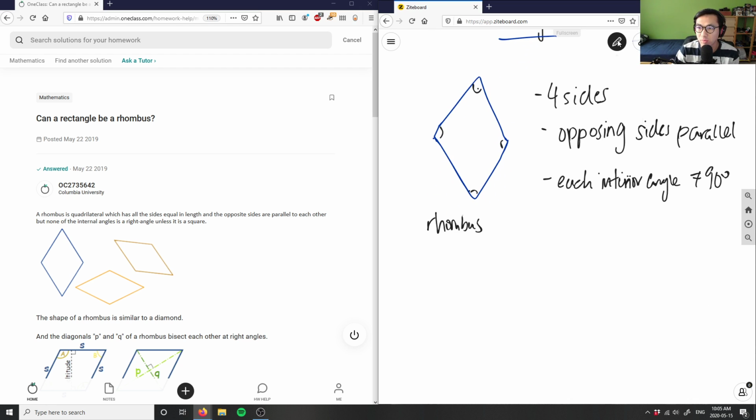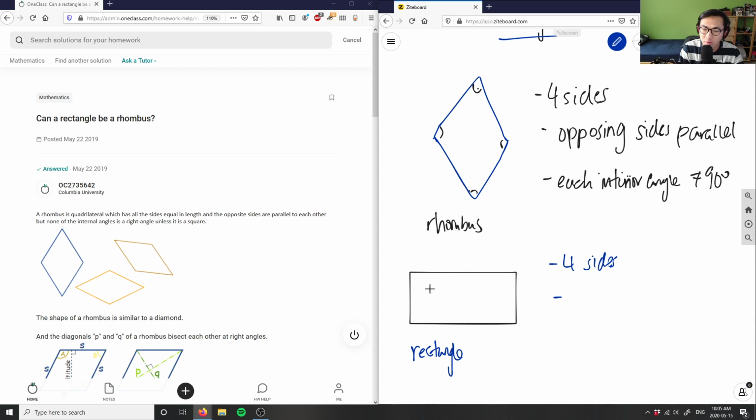So let's look at a rectangle here. I have a tool here, so it's much nicer for me to draw. So this here is our rectangle. Again, what are the properties of a rectangle? Well, it also has four sides. Opposing sides are parallel, right? The lengths of the rectangle are parallel, and the widths are also parallel.